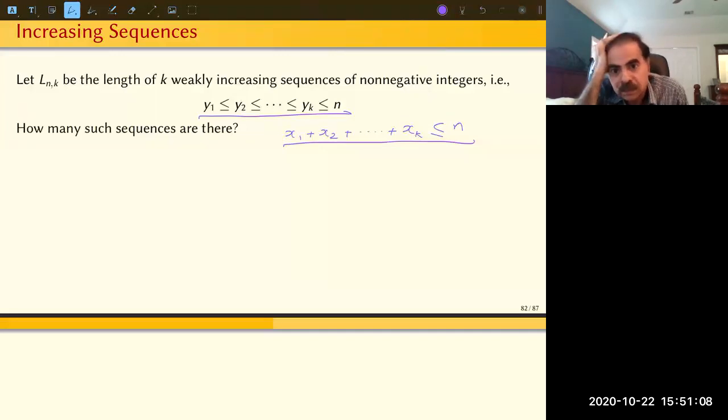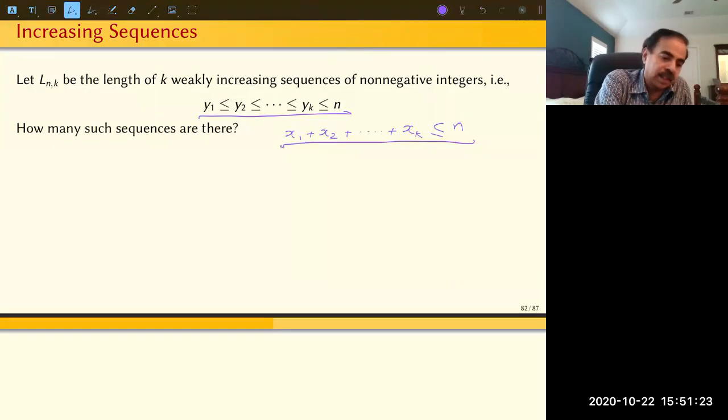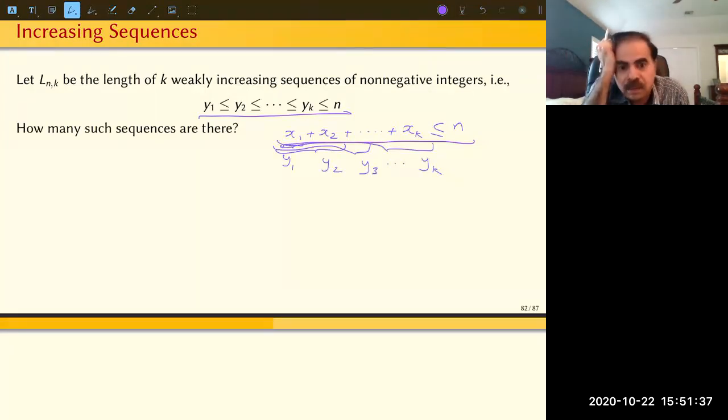Michelle. Would you like to do y1 plus y2 is equal to y2 plus y3, and continue that? Yeah, so it is the addition. So this is y1, that's y2, y3, and that is yk, right?